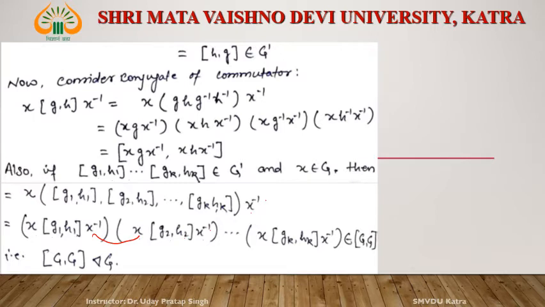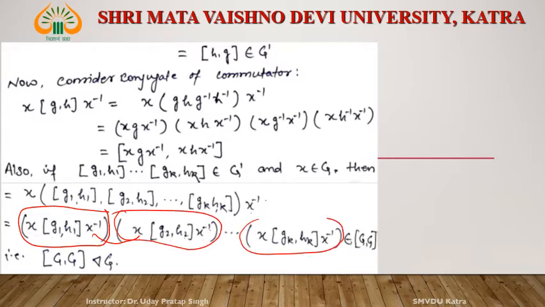This becomes again an element of G prime, since this is an element of G prime, and since G prime is a subgroup, their composition is also an element of G prime. So G prime is a normal subgroup of G.